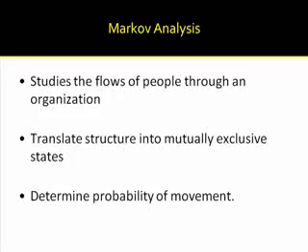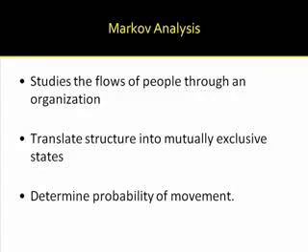Markov analysis begins by looking at the current organizational structure and translating it into a series of mutually exclusive states that individuals may occupy. These states are then arranged in a matrix with the rows representing the states at time 1 and the columns representing the states at time 2.